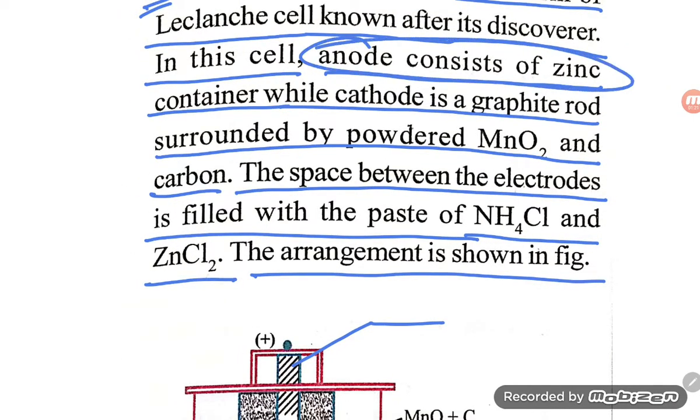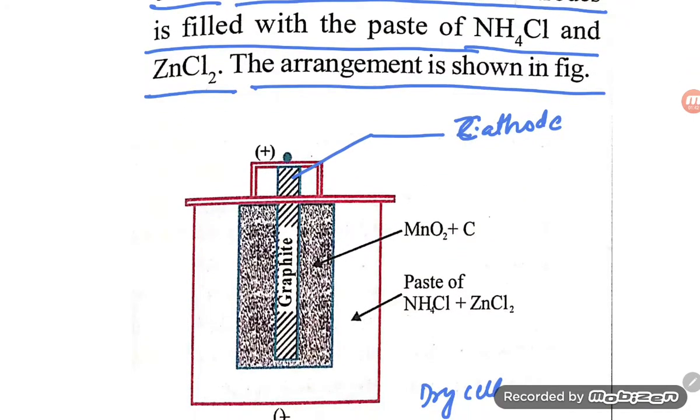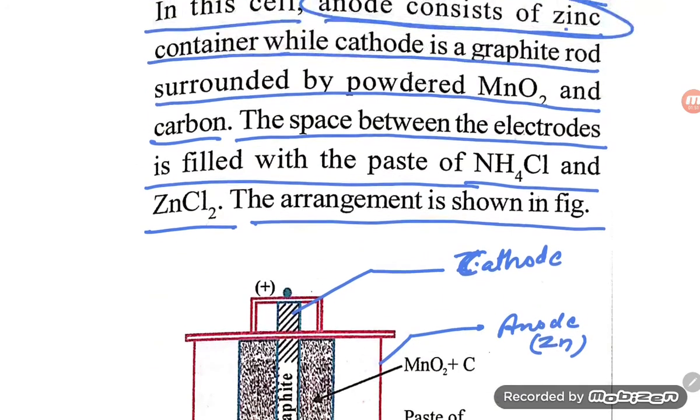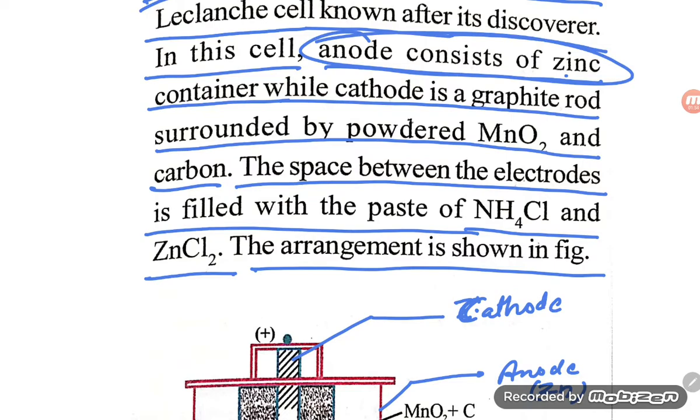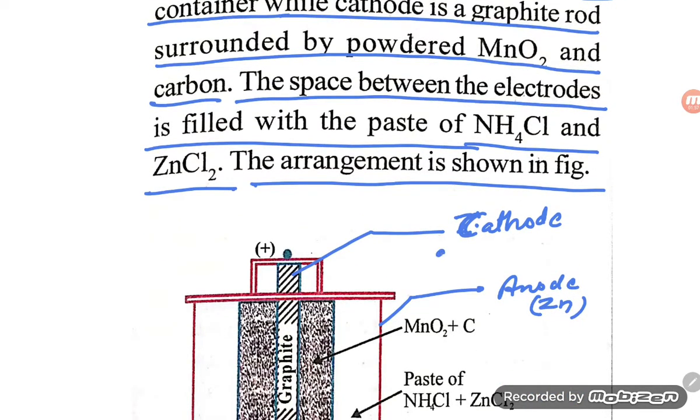So this is the anode, the Zn container, while the cathode is a graphite rod surrounded by MnO2 and carbon. So this container, students, is the anode, and it is made of zinc. And the cathode is a graphite rod. This is the graphite rod.